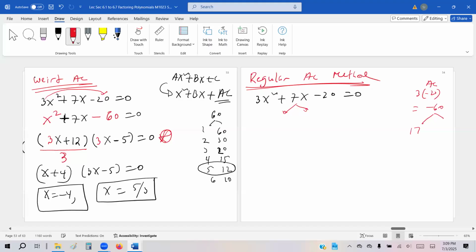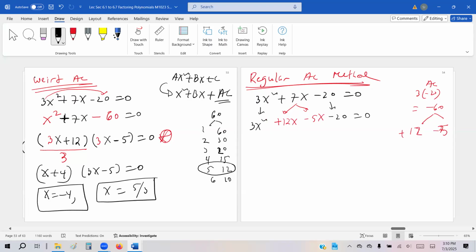And we have 12 and 5. Positive 12, negative 5. So this becomes positive 12x and negative 5x. But we still keep our first term and we still keep our last term.